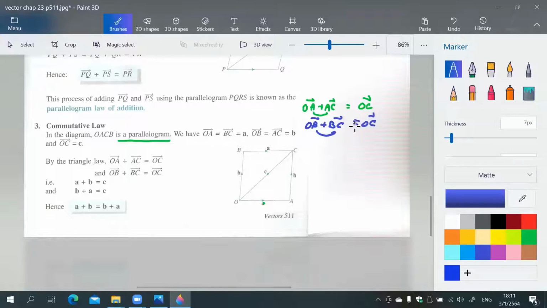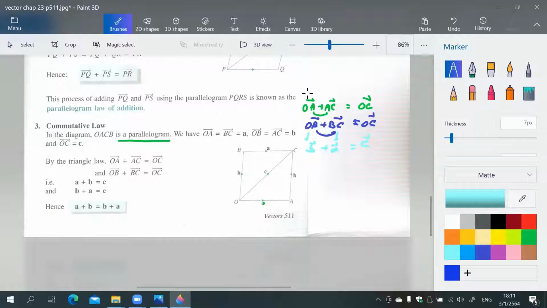Okay, so then we replace the vector OB with the small vector b. This is vector b. And BC is equal to vector a. Then plus, equal to OC, which is vector c.